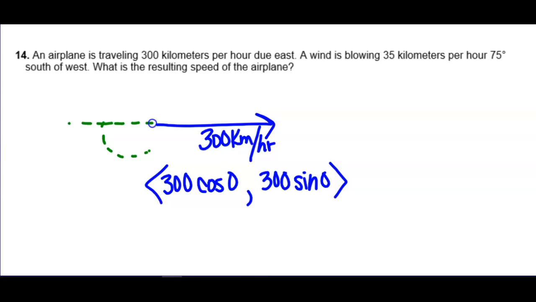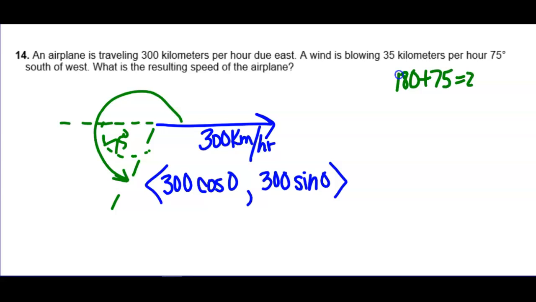yeah, we don't do these vector problems very often with this directional. South of west means off of west towards the south, it's going 75 degrees, which off of the positive x-axis then would be 180 plus 75, or 255 degrees.